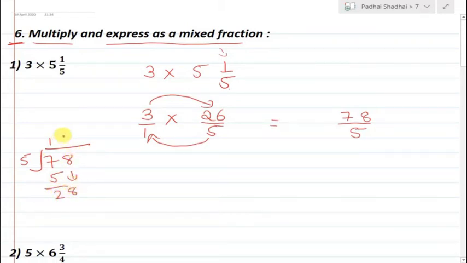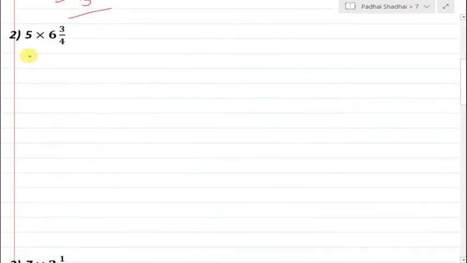Now 5 fives are 25 and the remainder is 3. So the final answer will be: 5 will come in the denominator, 15 will come as a whole number, and 3 will go as a numerator. So the final answer is 15 integer 3 by 5.